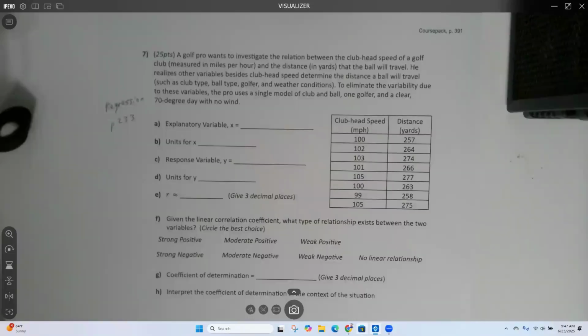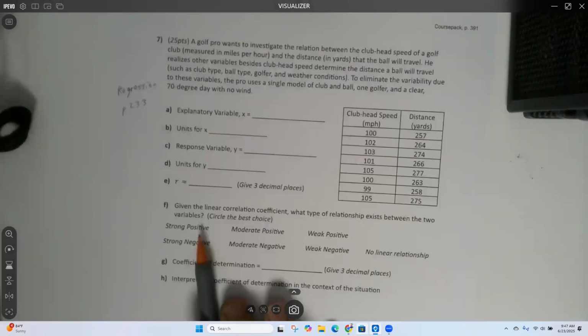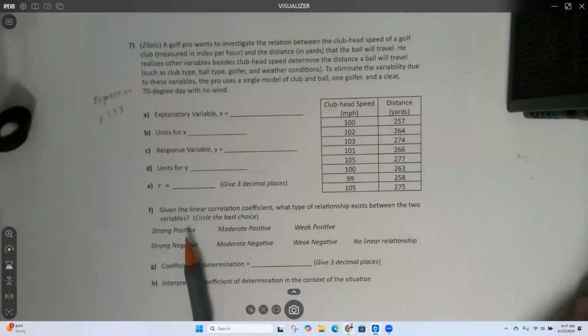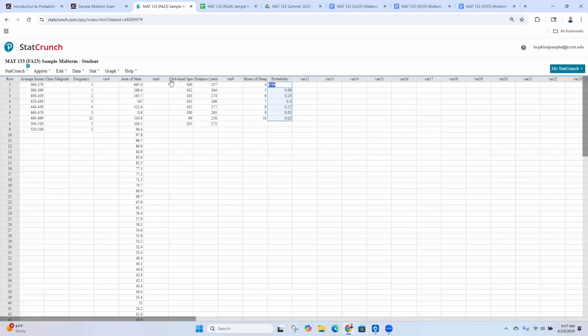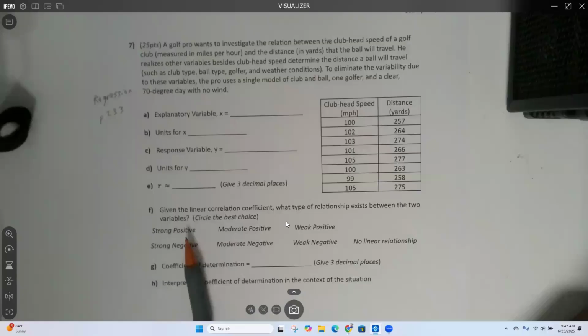Page 233 is all about regression lines, what those mean, what the scripts are, what you click on in StatCrunch to be able to get them. Okay, and this data set right here, you'll find it in the same StatCrunch, club head speed, distance. So using those two, you'll be able to answer all of these questions.